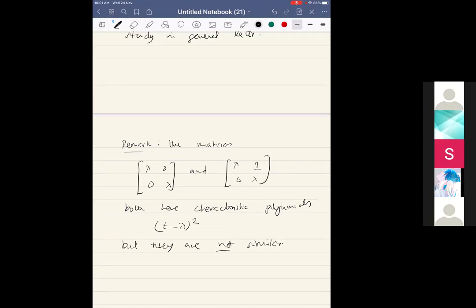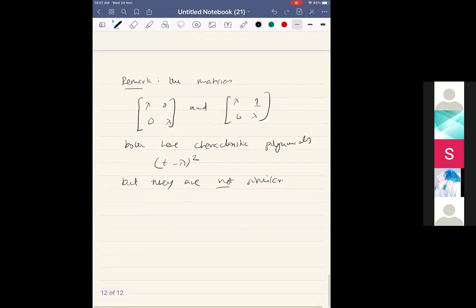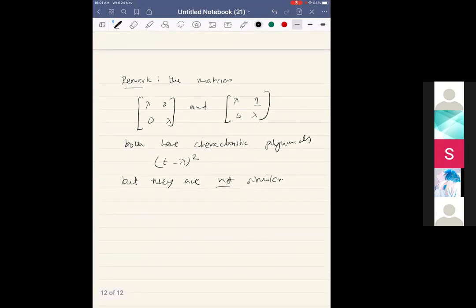So this 2 by 2 case is very, very important for you to understand. Strip away everything that went before and everything that's going to come later, and just look at this remark. All I have done is put before you two 2 by 2 matrices. One is lambda times the identity, and the other is of this form, lambda, lambda, 1, 0.